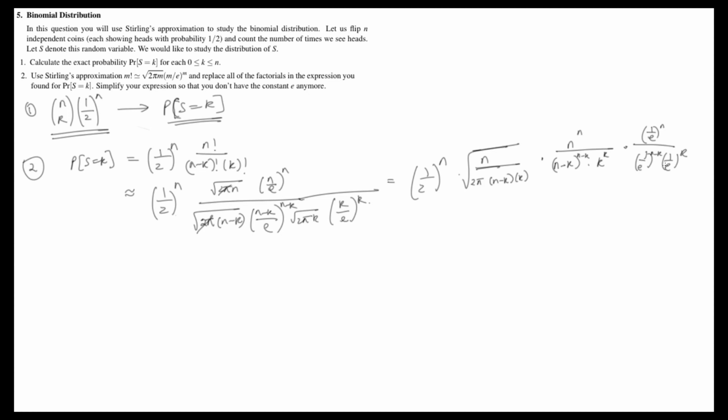So 1 over e to the n minus k times 1 over e to the k is just equal to 1 over e to the n. So these two get cancelled out.